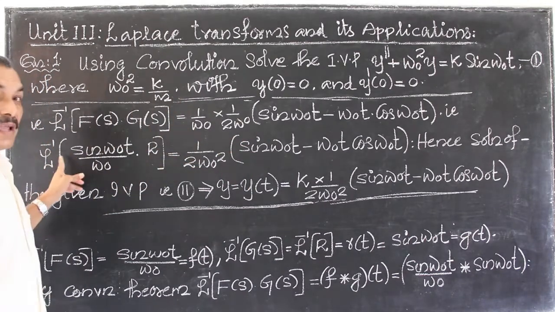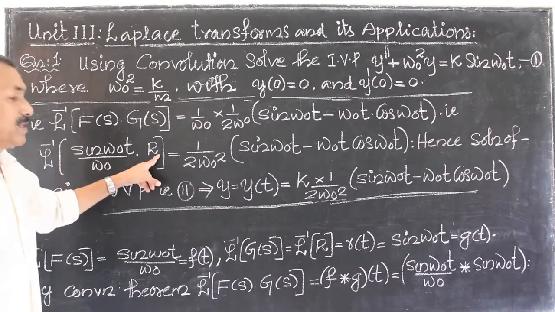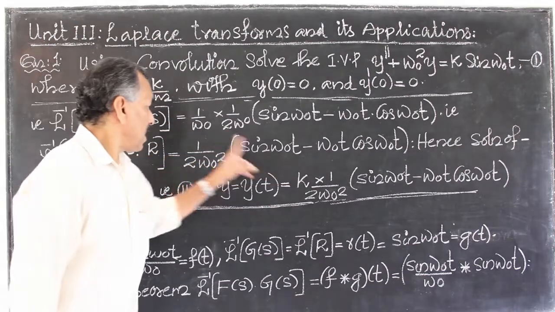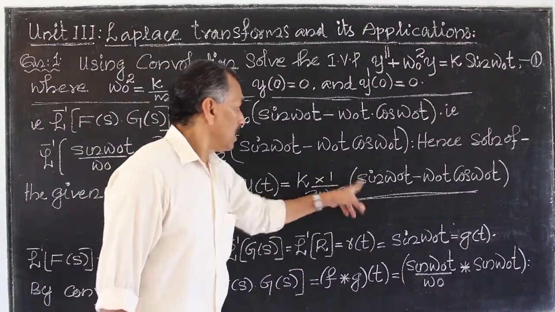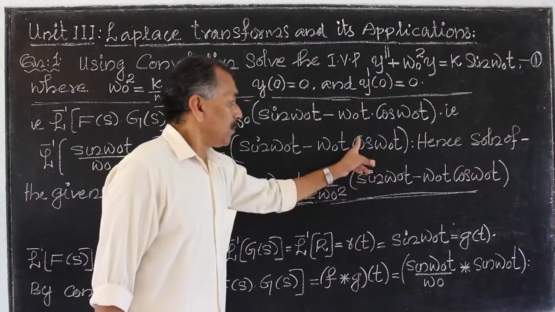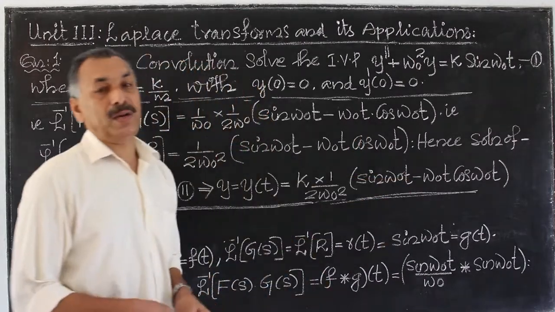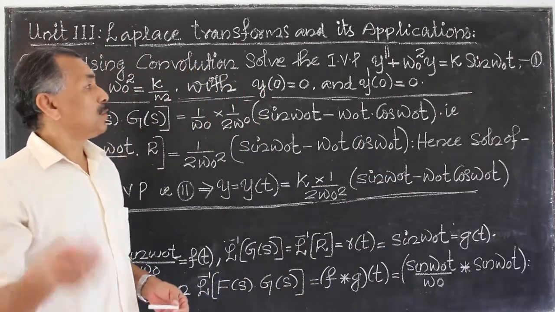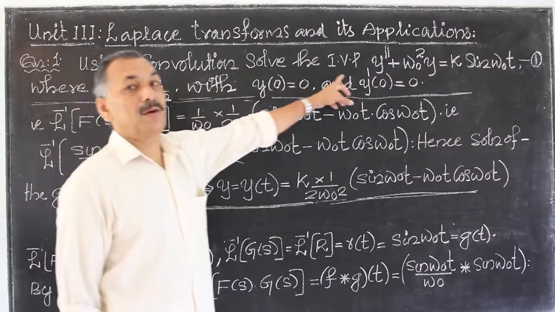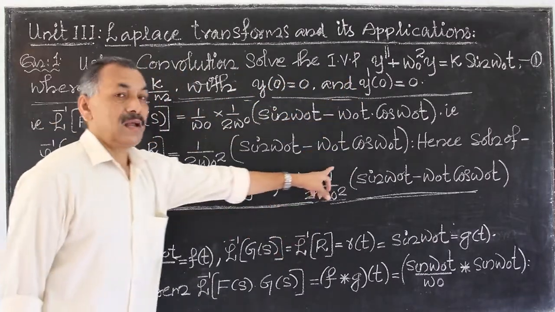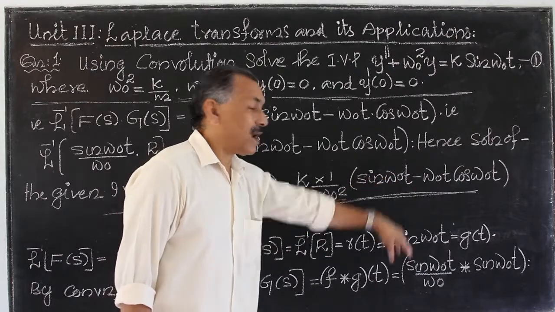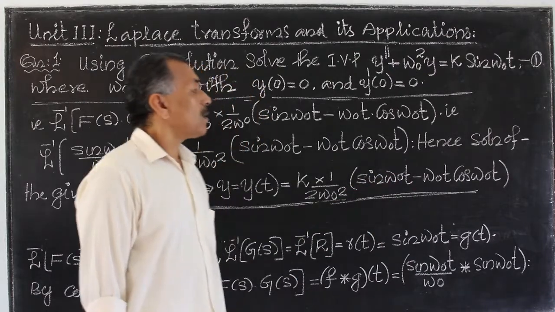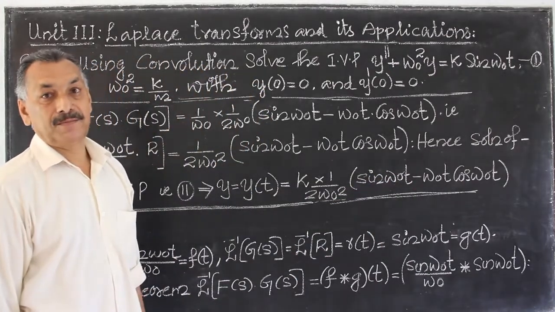That is k into Laplace inverse of this one, which is equal to k into 1/2 omega naught square sin omega naught t minus omega naught t into cos omega naught t. So the solution of the given differential equation is k divided by 2 omega naught square into sin omega naught t minus omega naught t into cos omega naught t.